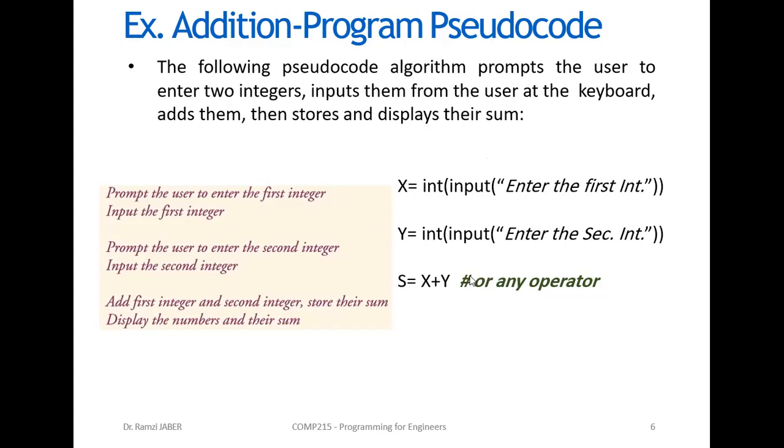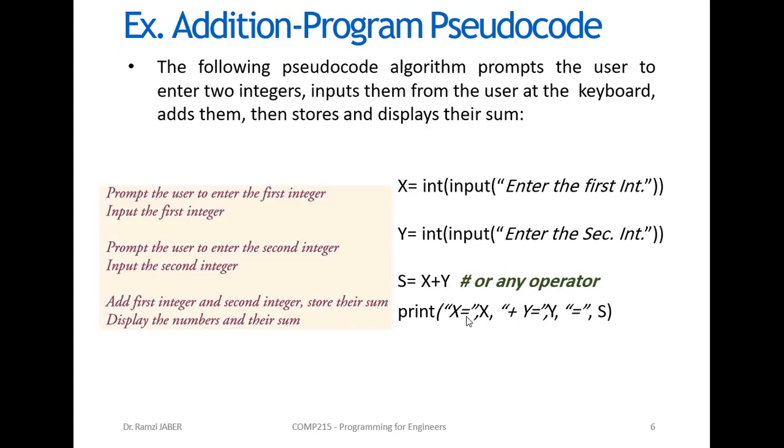The hash sign is a comment in Python. You can use any operator: plus, minus, times. Then display with print. You can write it something like that: between quotation marks x equals, comma, the value of x, comma, between quotation marks plus y equals, comma, the value of y, comma, between quotation marks equals, comma, s.